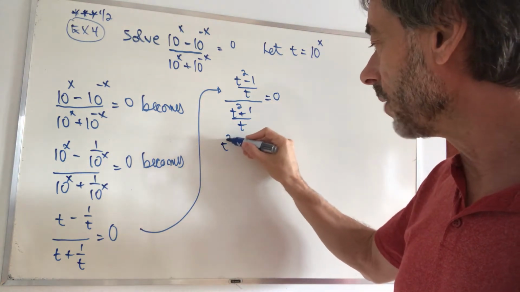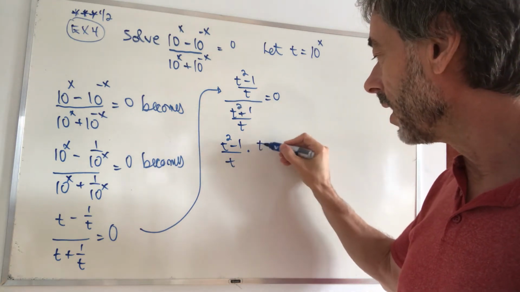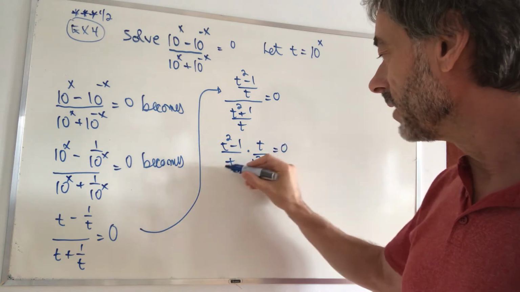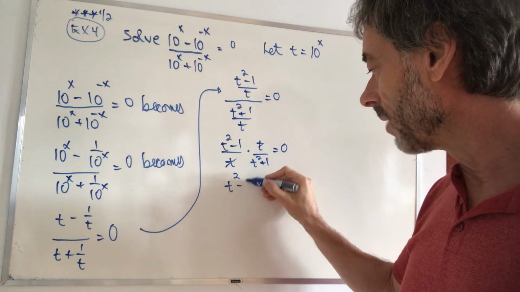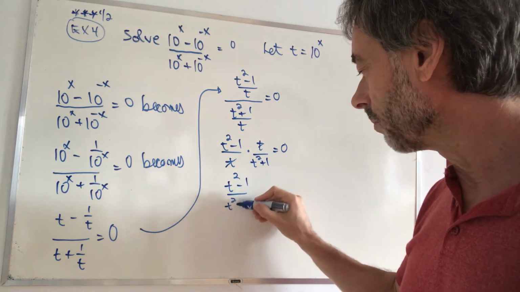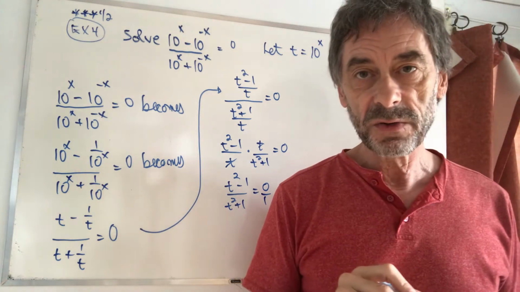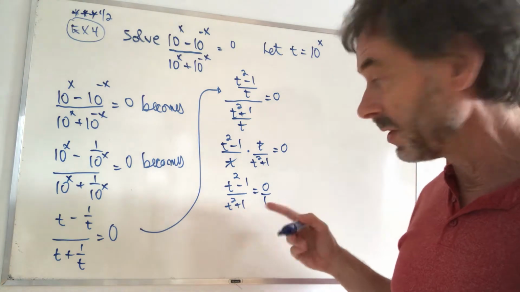So t squared minus 1 over t. Divide by that means multiplied by the reciprocal. My t's will cancel. I will now have t squared minus 1 over t squared plus 1 equal to 0. 0 is the same as 0 over 1. So cross multiplying, 0 times t squared plus 1 is gone.